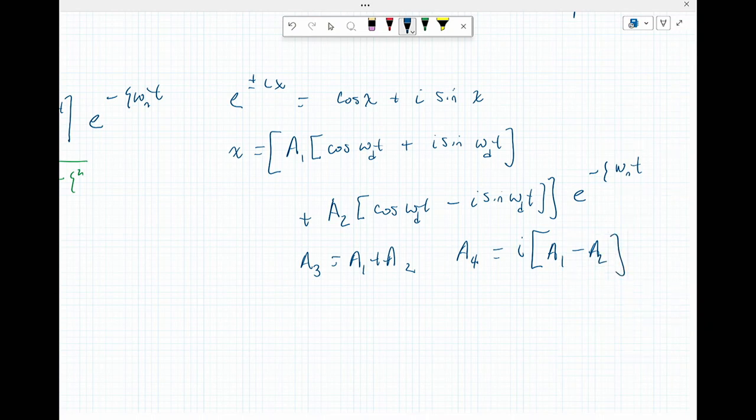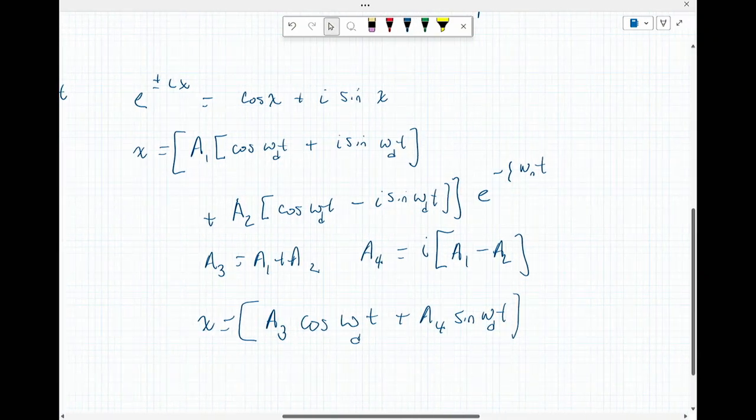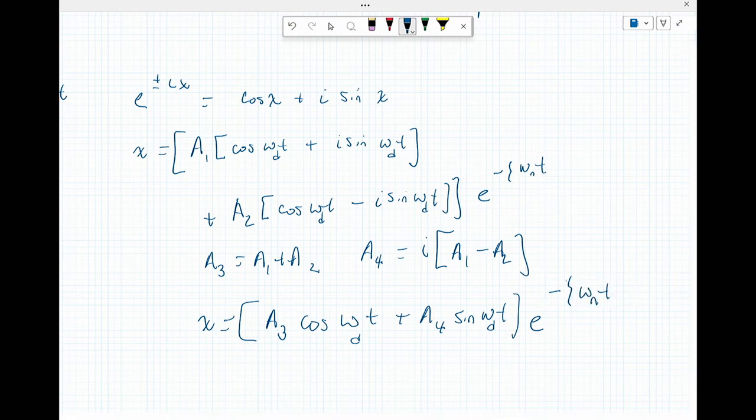And you end up with a nice set of equations that skip over all the worst bits: A3 cos omega dt plus A4 sine omega dt, times the quantity e to the minus zeta omega nt.